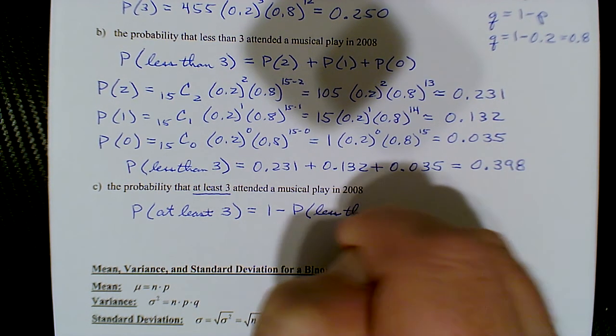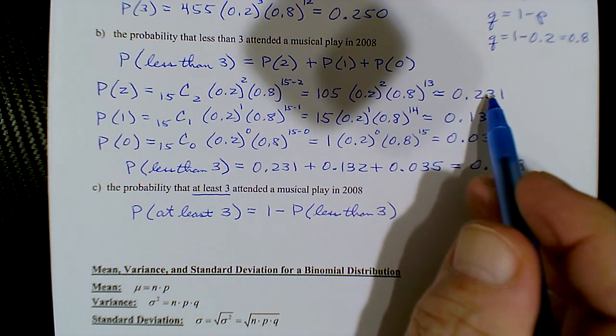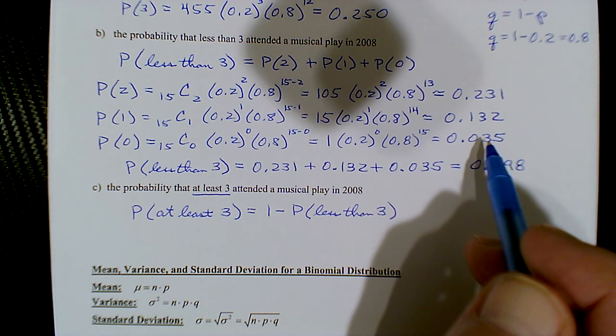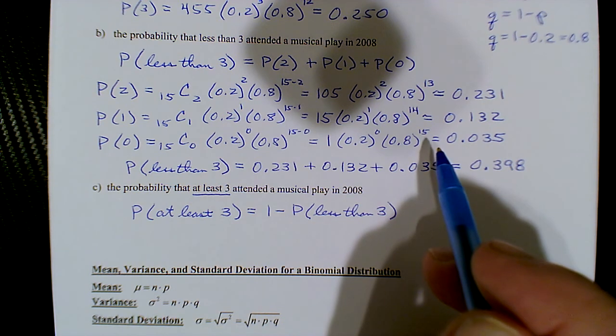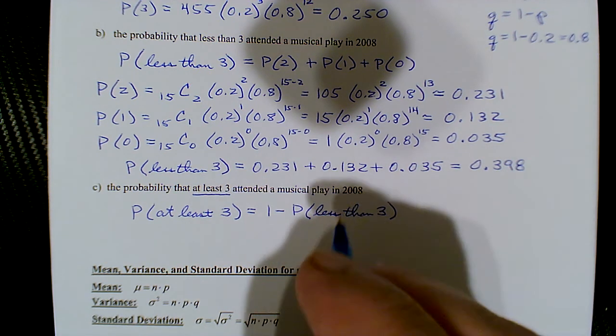of less than 3. Because if we take away the probability of 2, 1, and 0, from the total of 1, then the probability of 3 through 15 remains.